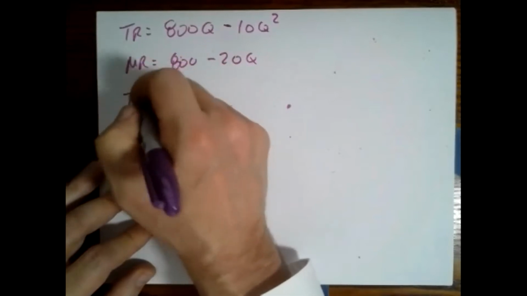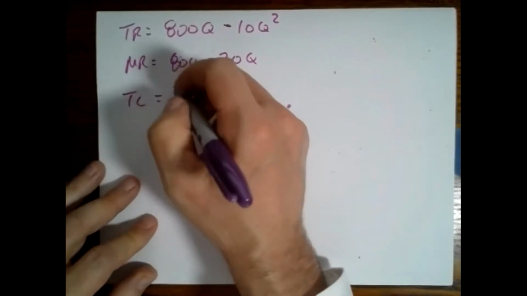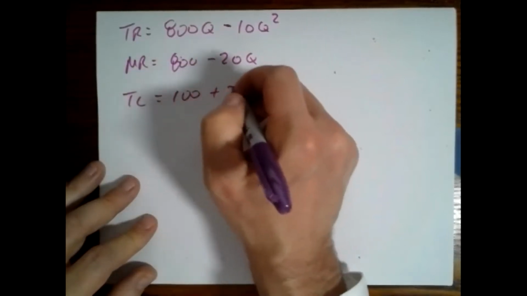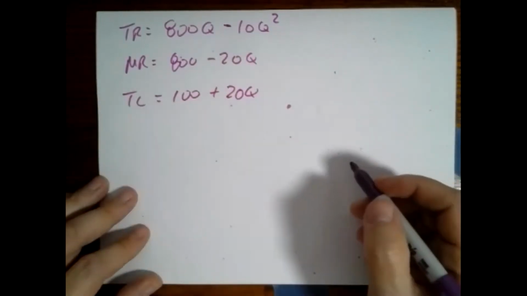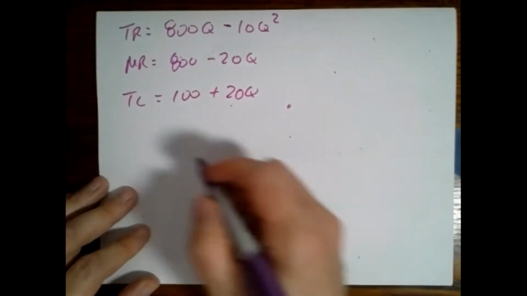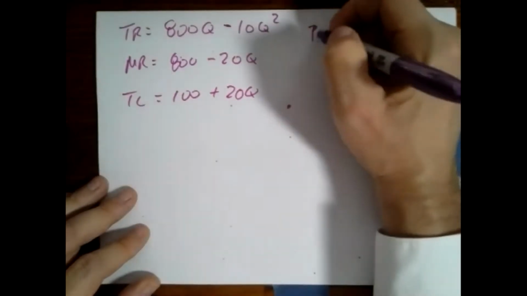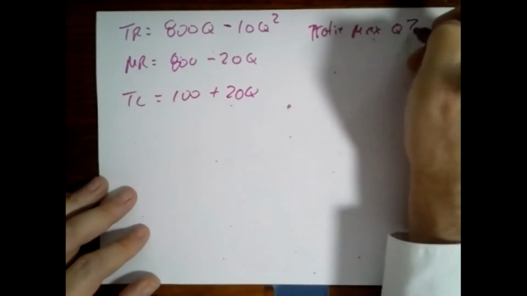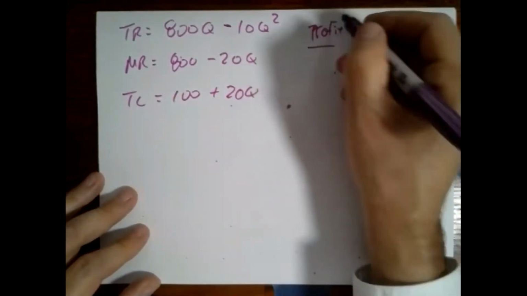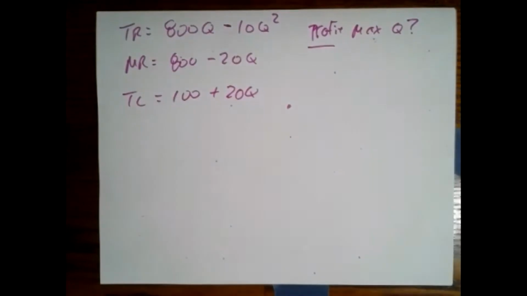I'll give you the total cost function: it's going to be 100 plus 20Q. So what I need you to do is tell me what is the profit maximizing quantity. Profit, not revenue maximizing. So go ahead and work that for a minute.